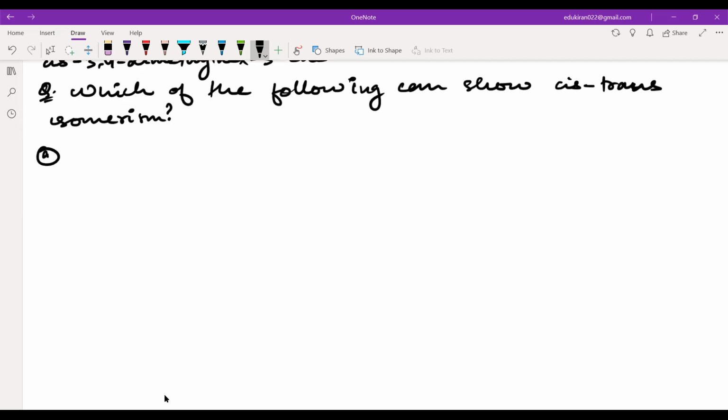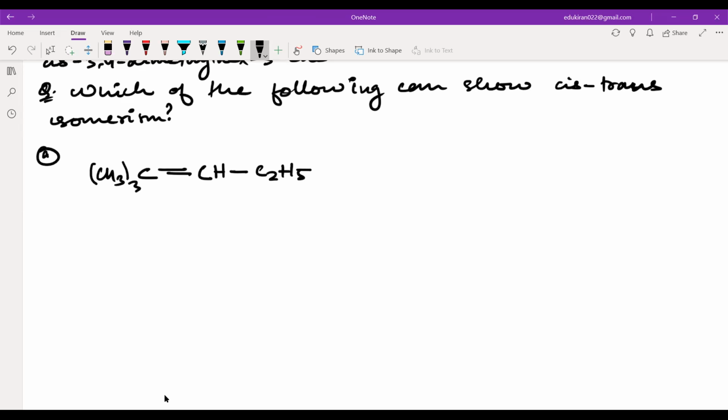So you have been given a carbon molecule, and you have two CH3 attached to it, and then a double bond, and then this carbon atom has a hydrogen atom attached to it. This is attached to furthermore C2H5. They are asking whether this can show cis-trans isomerism, yes or no.